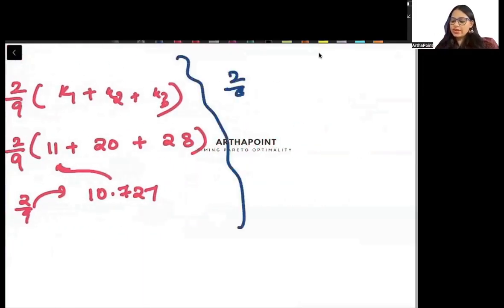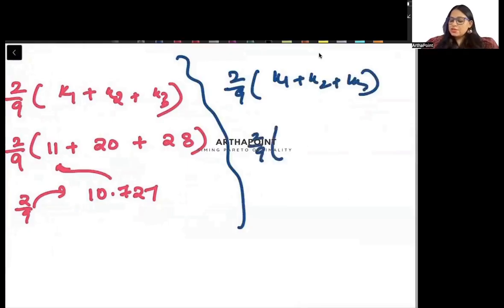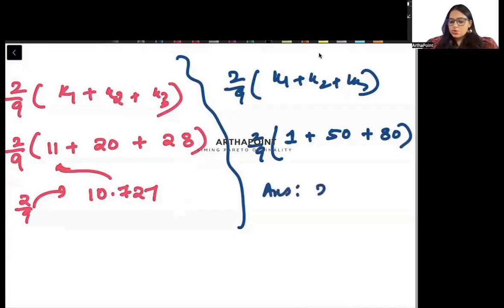So again 2/9 of k1 plus k2 plus k3. This is the value we need to find, right? So 2 by 9. Let's say k1 is 1, k2 is 50, k3 is 80. So 50 plus 80 plus 1, into 2 divided by 9. You're getting the answer as 29.11, right?